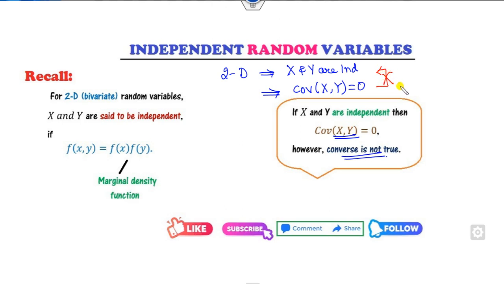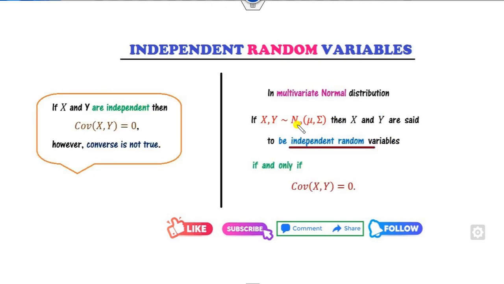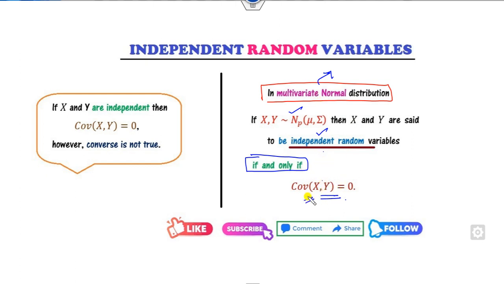So we have to think about under what condition this converse is also true. That result is overcome in the multivariate normal distribution. What does the result suggest? If you have a multivariate normal distribution x and y, they are independent if and only if the covariance is 0. The most important property of the multivariate normal distribution is that this result is if and only if.